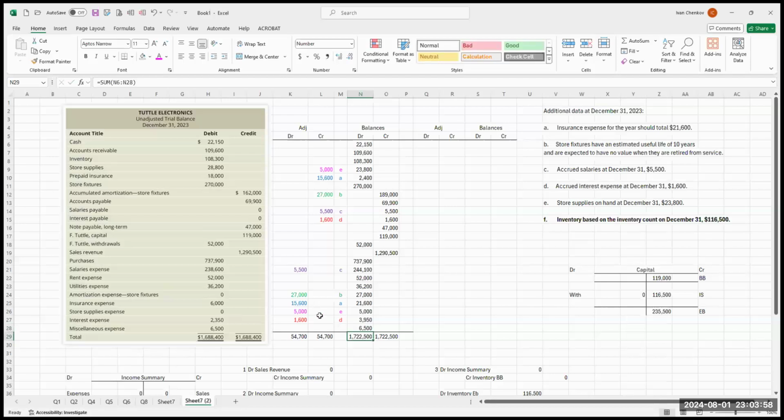And at this point, as you can see, we are in balance. Why? Because the starting point is in balance, adjusting entries are in balance, and our balances on the adjusted trial balance are the same. Once we're done with this, we have to close accounts.